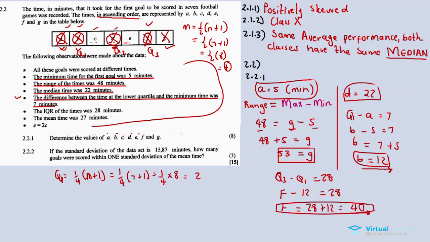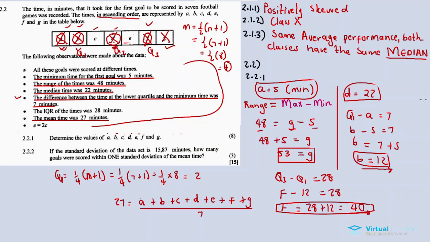What remains? C as well as E. And then the mean time was 27 minutes. So 27 minutes is equal to A plus B plus C plus D plus E plus F plus G divided by 7.